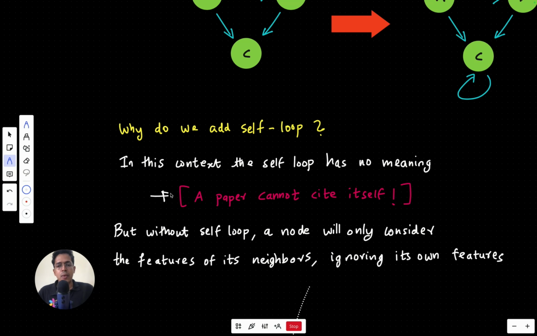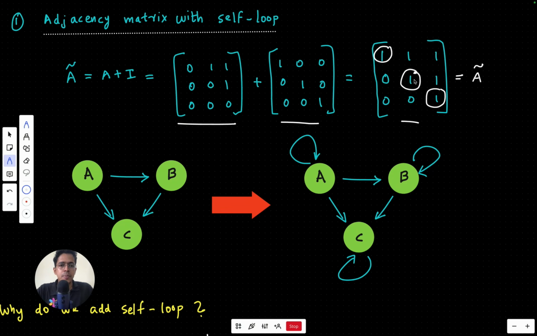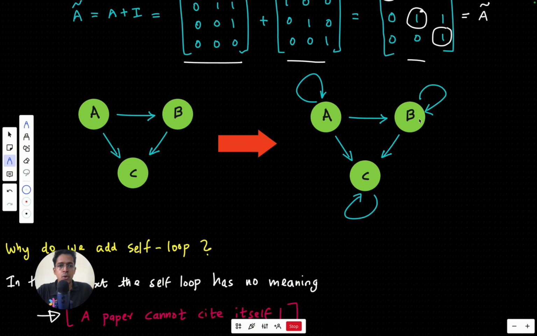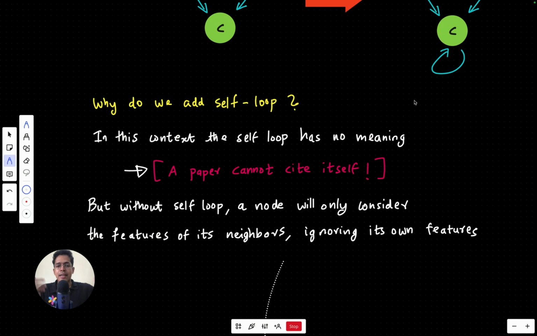But the reason why this is done is because in a future step, we will be doing something called feature aggregation, where we aggregate the values of the features into a node from its neighboring nodes. And when we do this feature aggregation, if all of these diagonal elements were 0, meaning instead of 1, 1, 1 this was 0, 0, 0, the features of its own would be neglected by that node. It will only be considering the features of its neighbors, ignoring its own features.